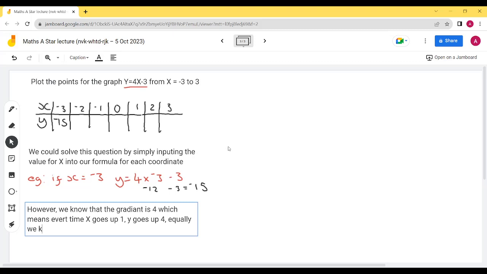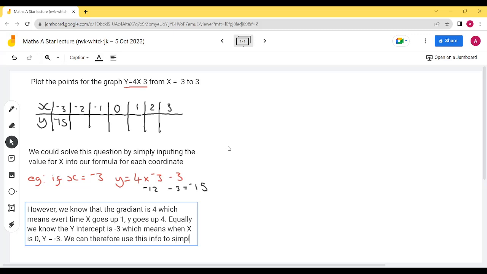Equally, we know that the y-intercept is negative 3, which means when x is 0, y equals minus 3. We can therefore use this info to simply fill our chart.